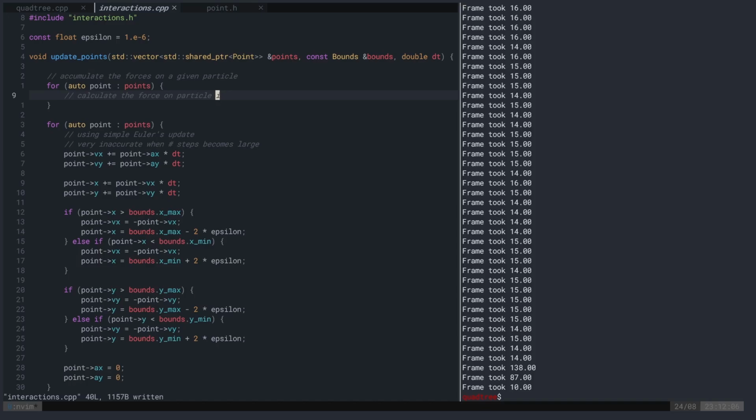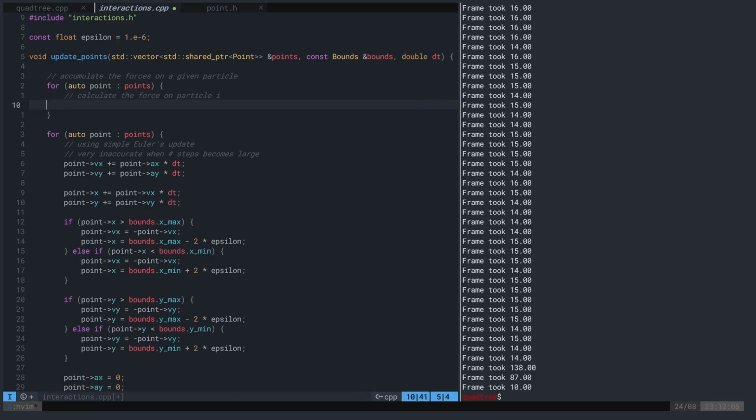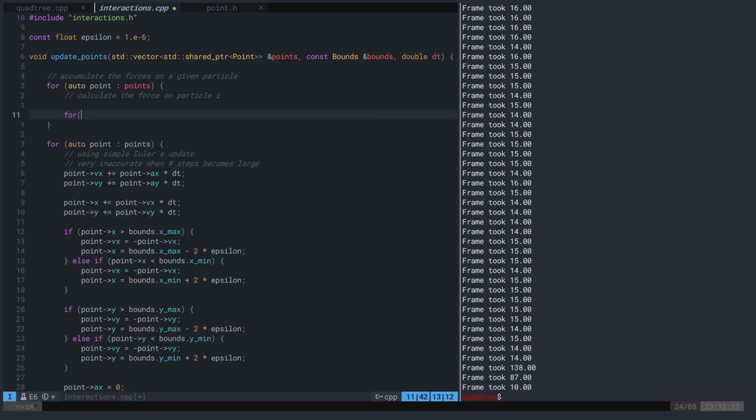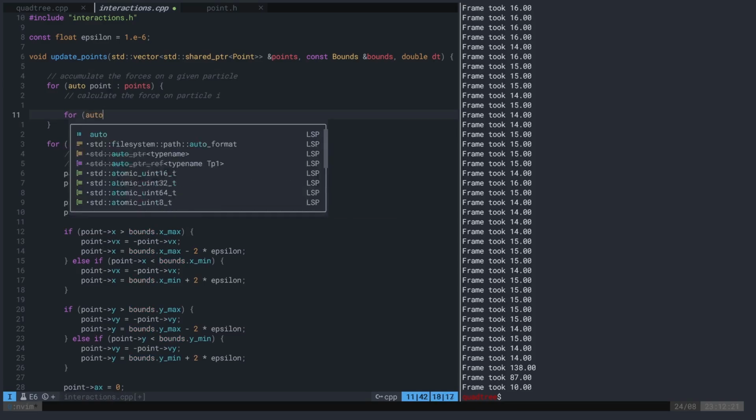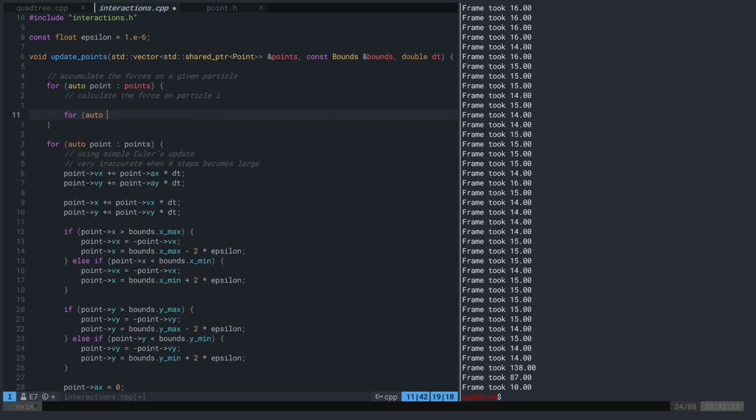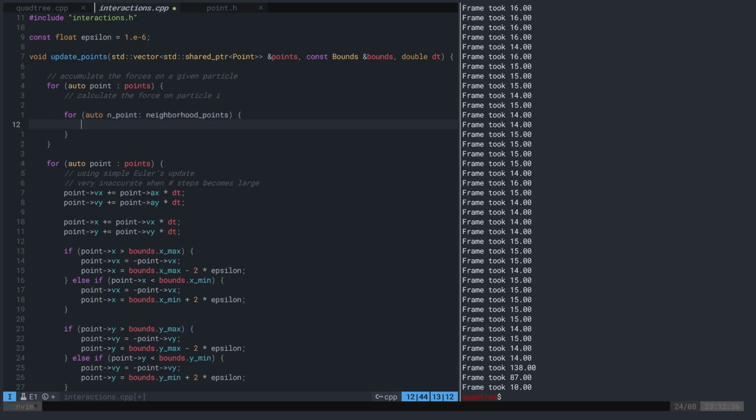We need to be a little careful here, because we're looping through all of these points, and ideally for a given particle i, you need to loop over all the points that are in the neighborhood, and then we add up the force.